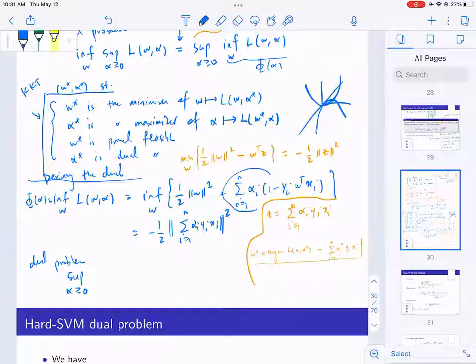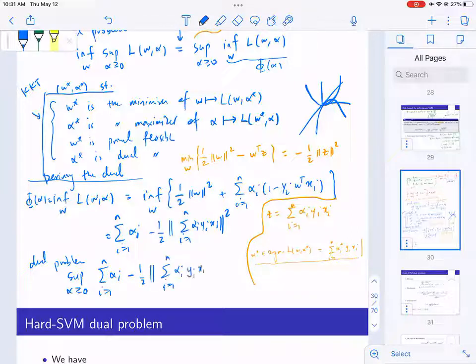So there's this part which comes out, and this has to be the summation of alpha_i from 1 to n, minus 1/2 the summation i from 1 to n of alpha_i y_i x_i, squared. Okay, so that's the dual problem.